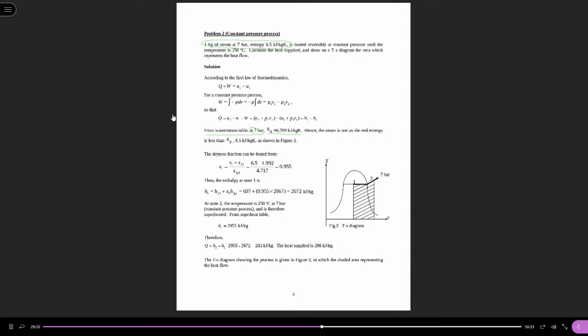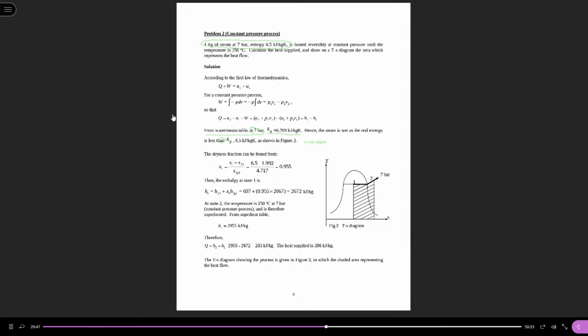This figure is larger than the given entropy, so therefore we think it's in the wet region.